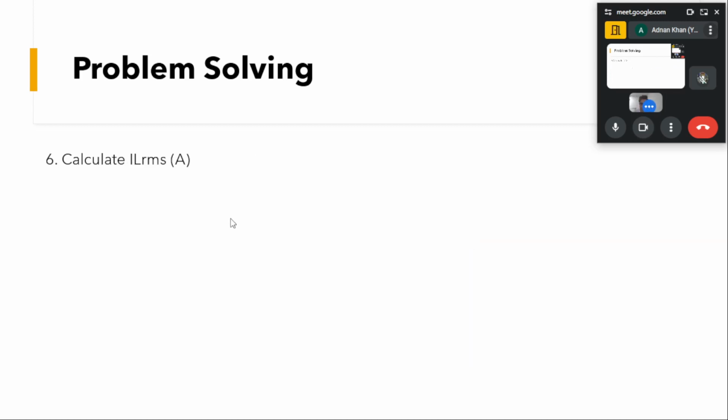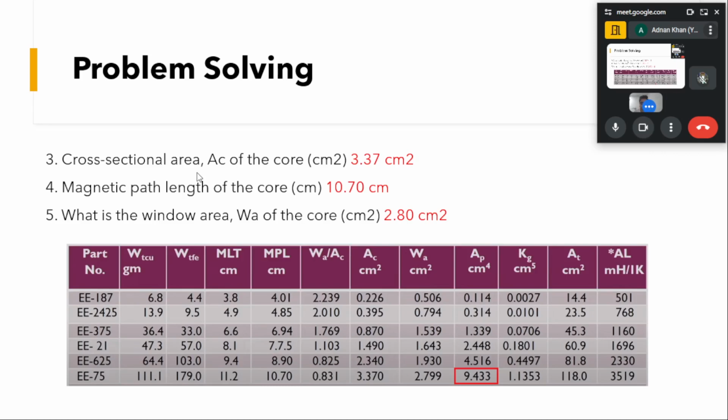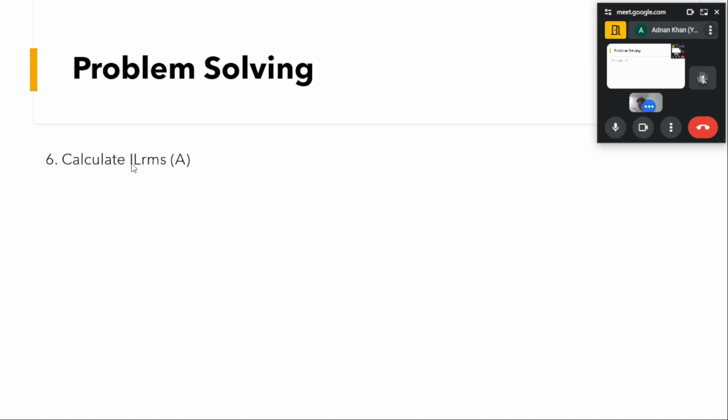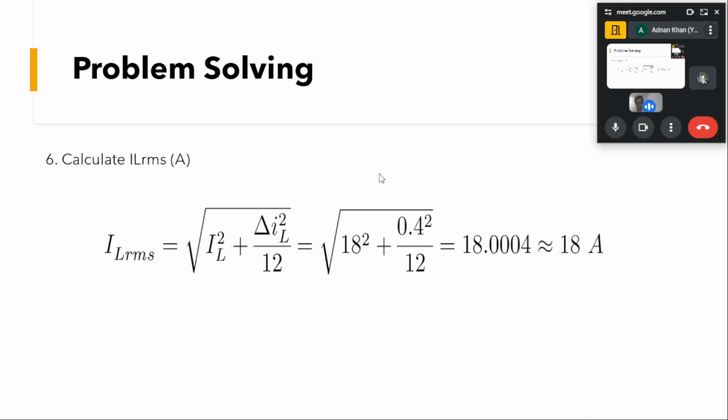Now it is saying calculate the RMS current. As we have seen in the previous lectures, IL RMS will be given by the square root of IL squared plus delta IL squared divided by 12. If you want to see the derivation, we have discussed this equation in the previous classes, so you can go through those slides or the lecture notes.